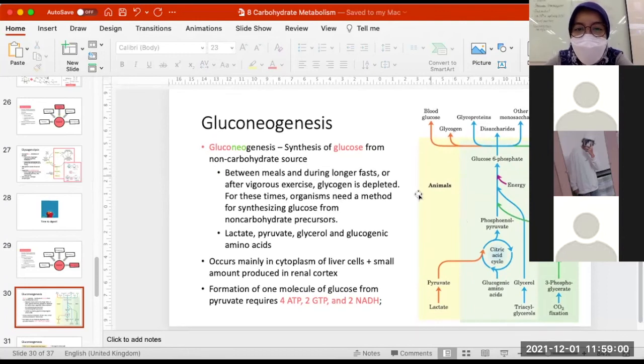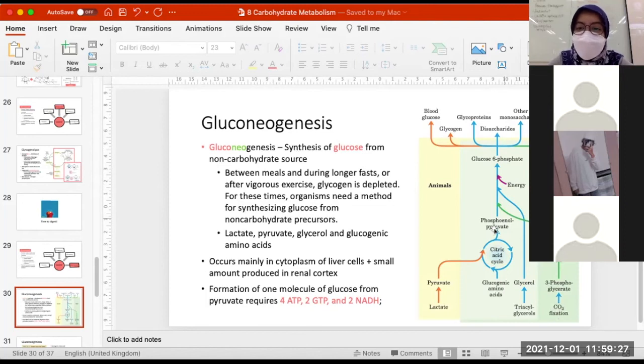We have animal gluconeogenesis and plant gluconeogenesis, but animals and plants may share similar pathways. Plants don't have lactate or lactic acid, so gluconeogenesis from lactate only occurs in animals, while in plants they have carbon dioxide fixation.